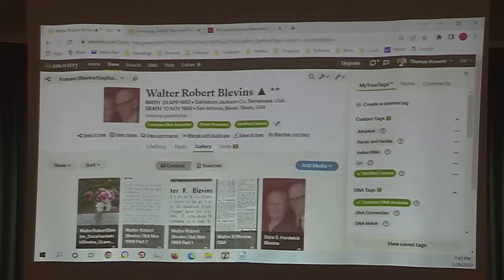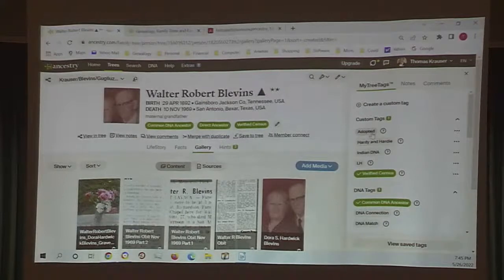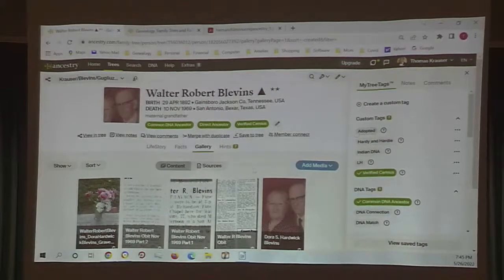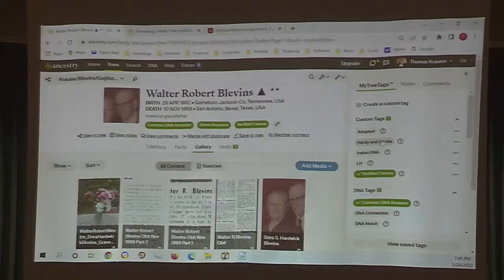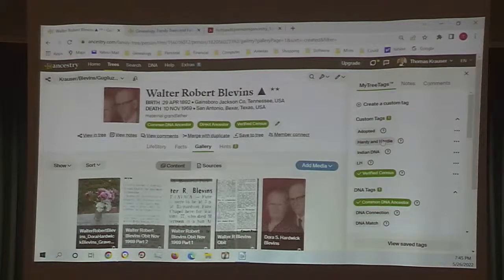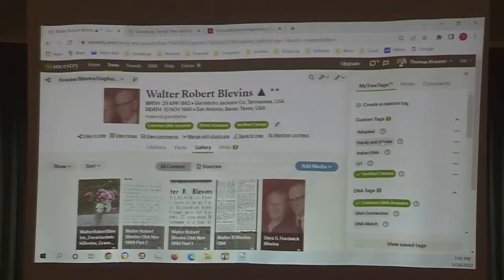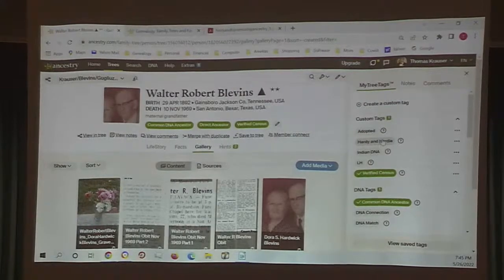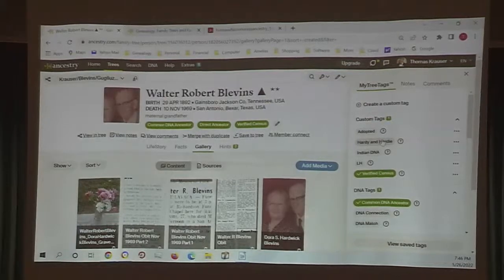For example, I have a custom tag called adopted, which I created because that person's adopted. Or Hardy and Hardy. There's a 1,300 page book on the Hardy history, right? And if I used information from that book, I created a custom tag called Hardy and Hardy, and I put a green tag up there.